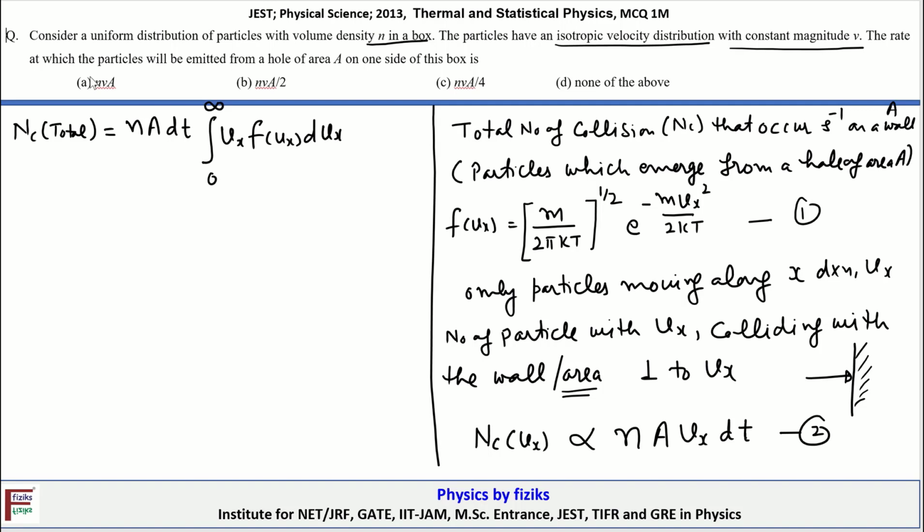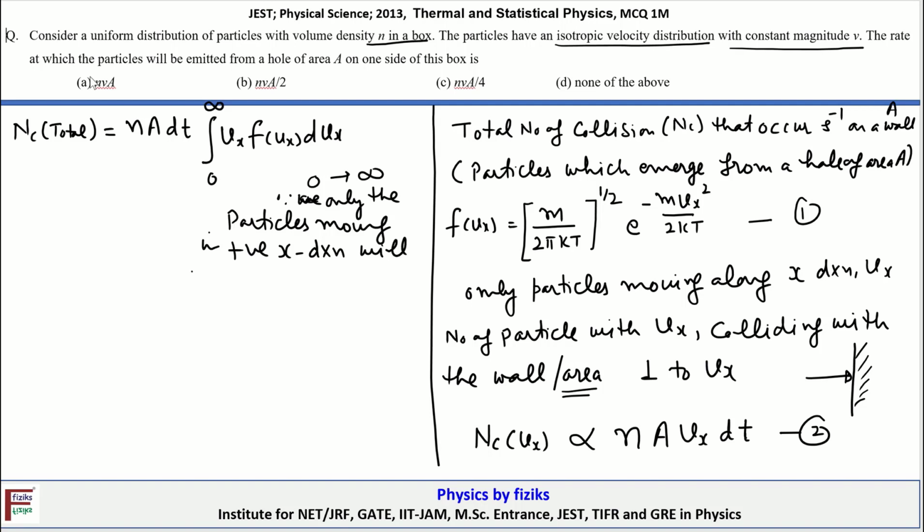That's why the limits of integration range from 0 to infinity, because only the particles moving in the positive x direction will hit the wall, or emerge from area A. It's the same statement basically.